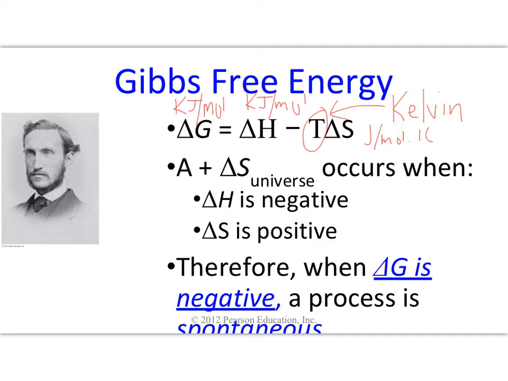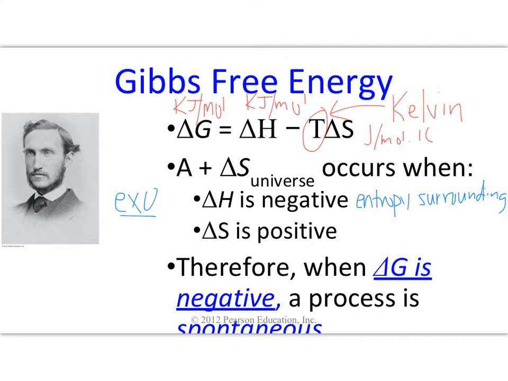So in the POGL, you learned that a positive change in the entropy of the whole universe will occur when delta H is negative. And delta H was referred to in the POGL as the entropy of the surroundings. And a negative delta H is an exothermic reaction.